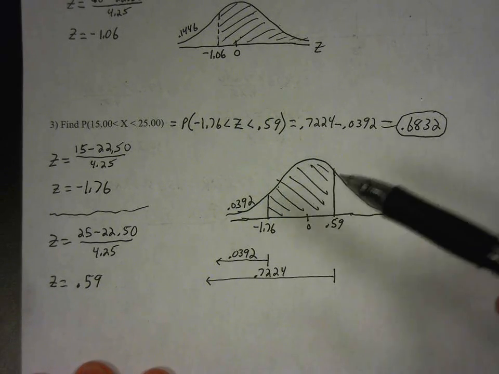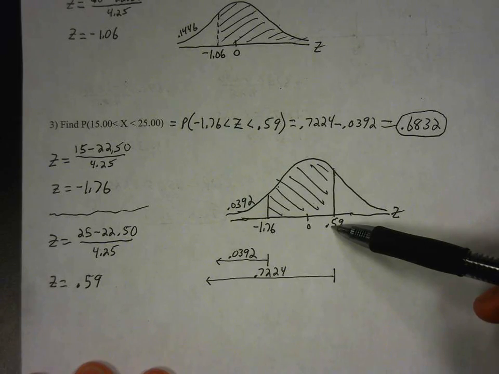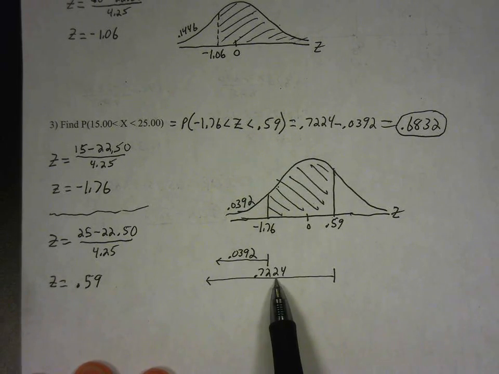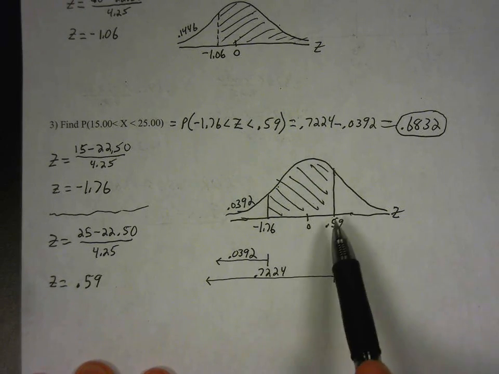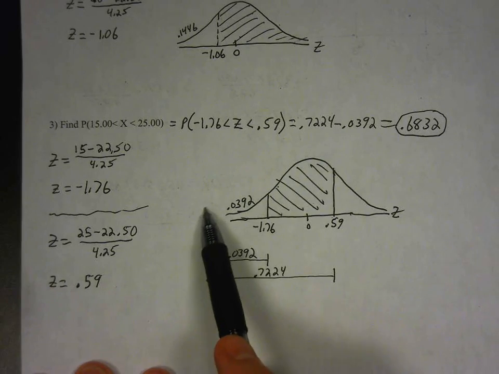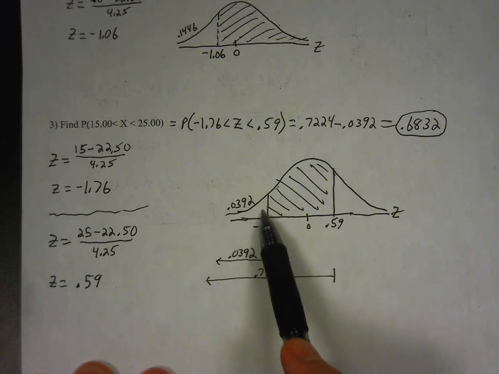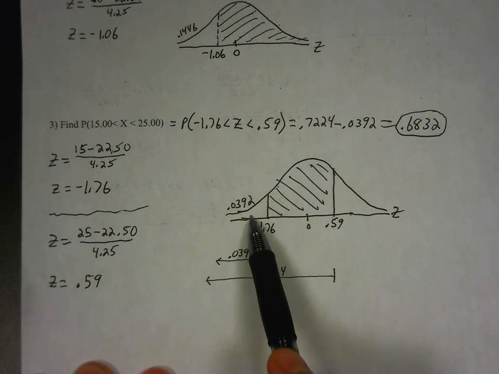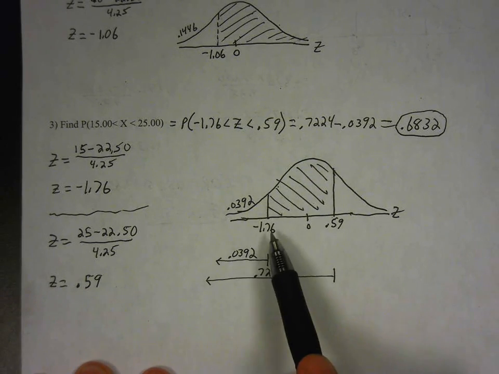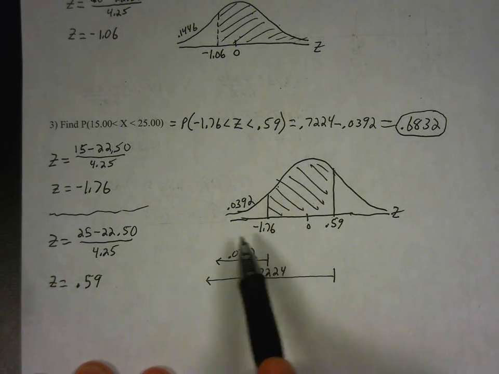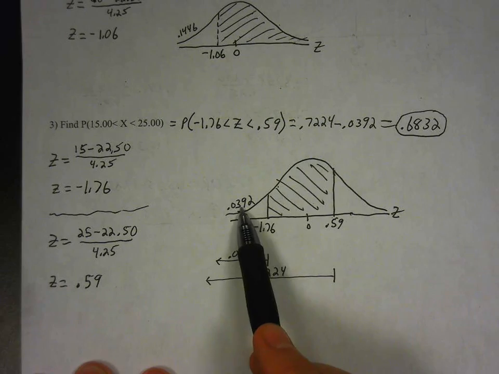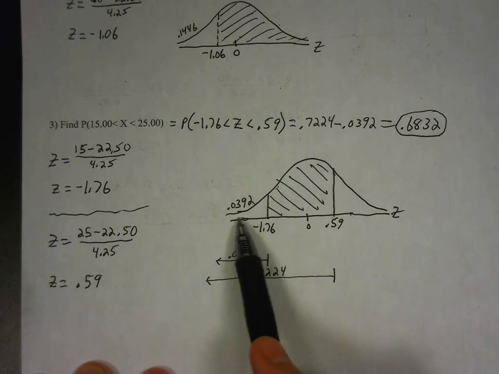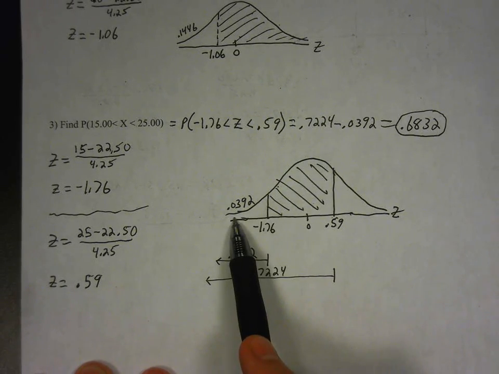When you look up 0.59, you get 0.7224 area. Remember, that's all the area to its left, so that includes from 0.59 all the way to the left, including this area out here that you don't want. Look up negative 1.76, and that gives you 0.0392, the area to the left of negative 1.76.